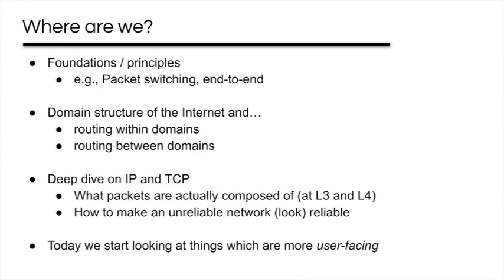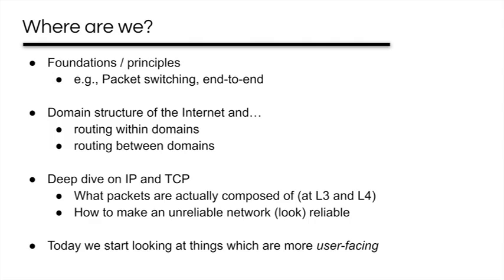Back to 168. Let's take a quick look at where we are in the course. We started out by talking about some foundations and principles behind the internet, like packet switching and the end-to-end principle. We talked about the domain structure of the internet and routing within and between those domains.